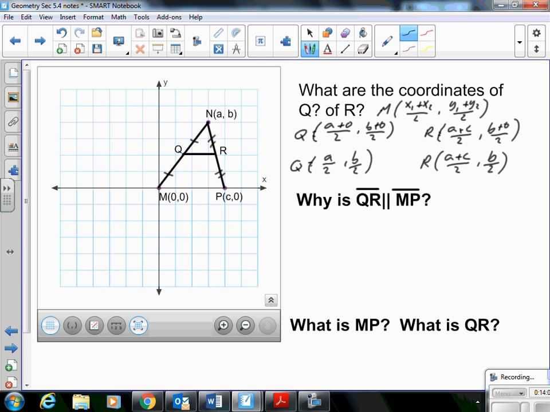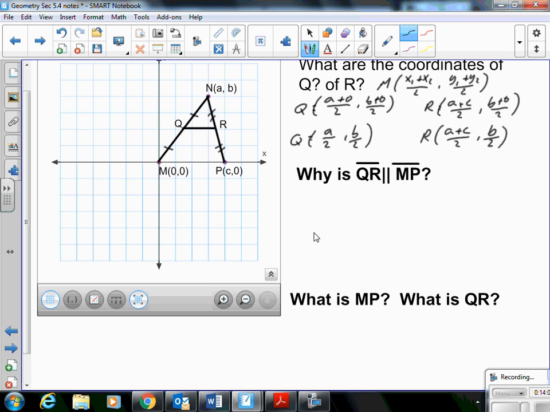Now, this next one is where it starts to get a little more complicated since we don't have real numbers here. It asks, is line segment QR parallel to segment MP? Well, in order to figure out if they're actually parallel, we need to know the slopes of the two lines. So we use the slope formula.